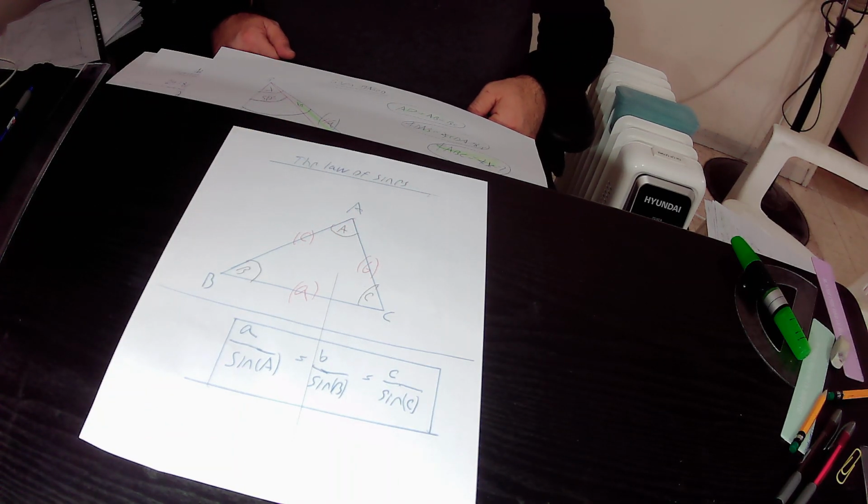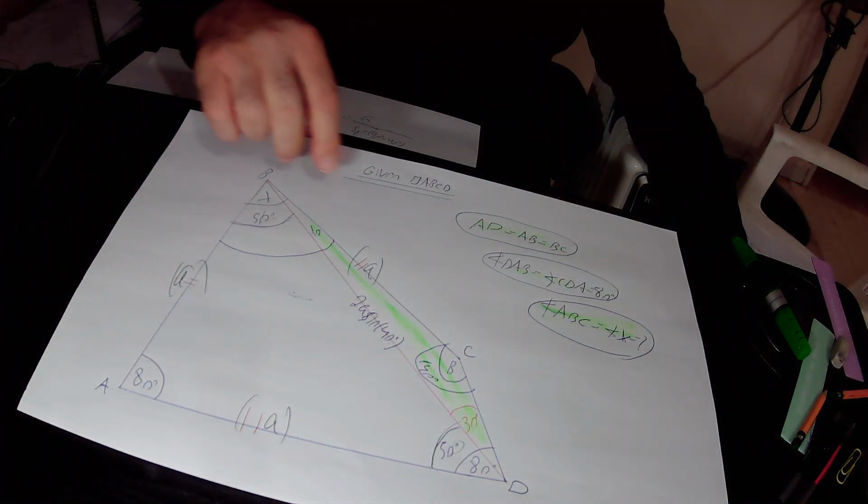Now we implement the law of sines in our triangle ABD. This is triangle ABD.